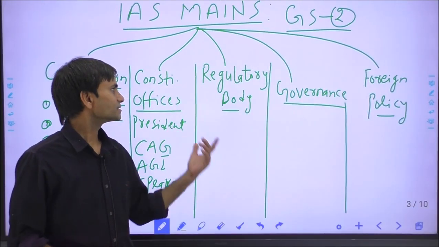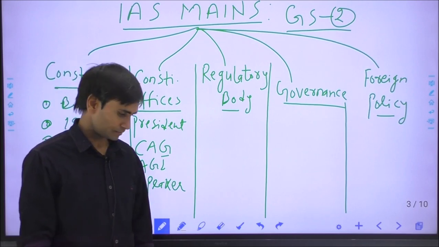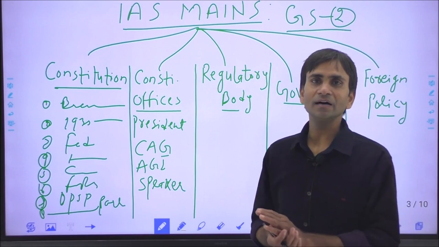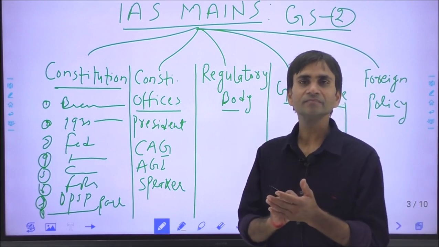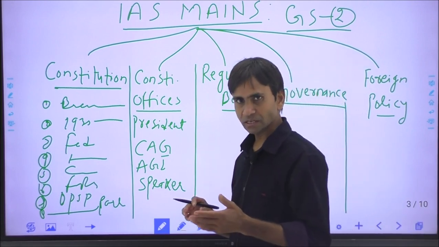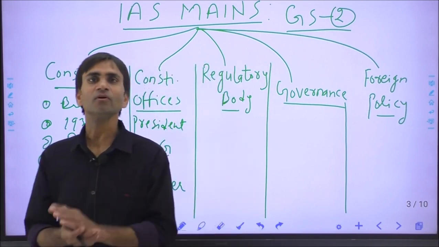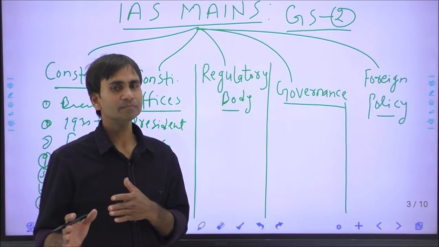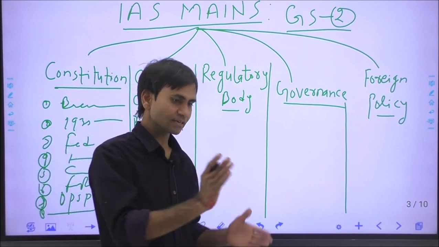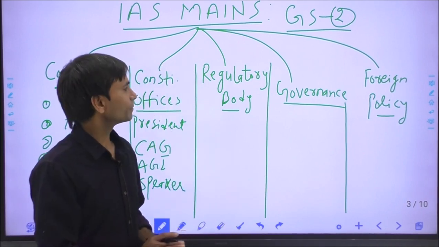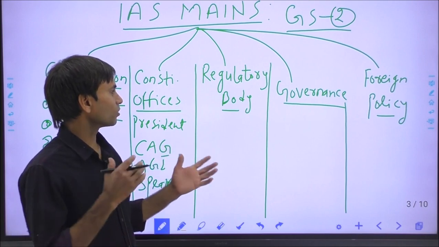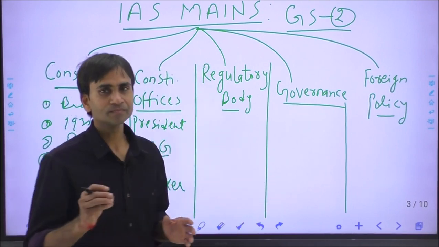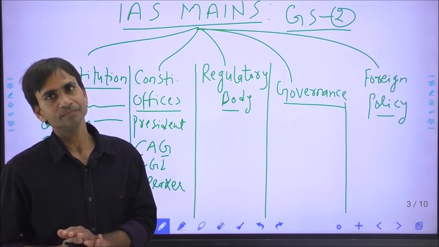Next are the regulatory bodies. Regulatory bodies are those bodies which have been given sufficient autonomy for working by the Indian Parliament or state legislatures. Further, we have divided these bodies into constitutional, non-constitutional, statutory and non-statutory bodies.